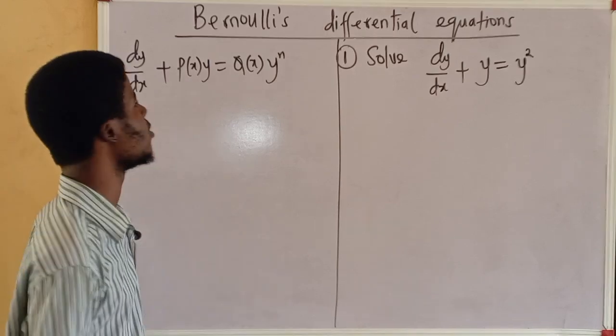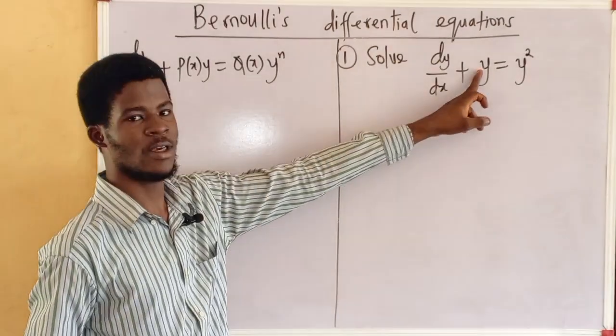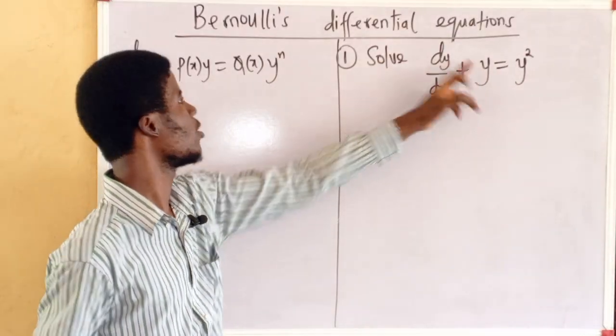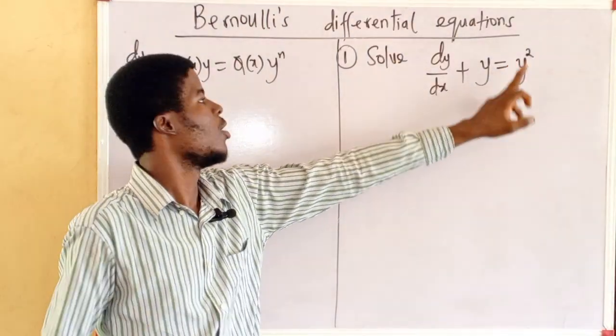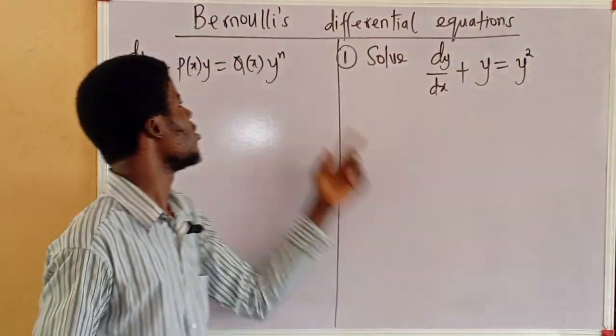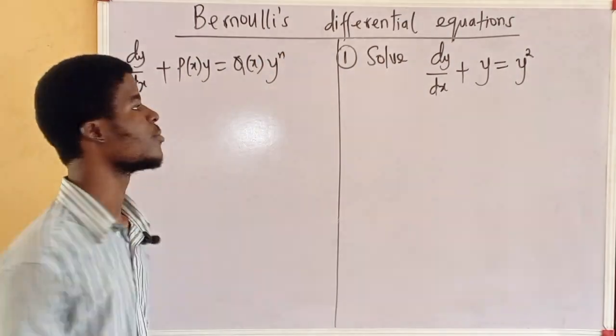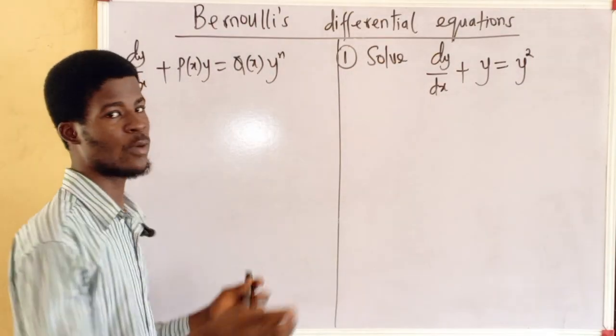You can compare it. p(x) here is 1. Then q(x) here is also 1. y to the power of 2 here is the y to the power of n that we have here. So it's already in Bernoulli's differential equation form.